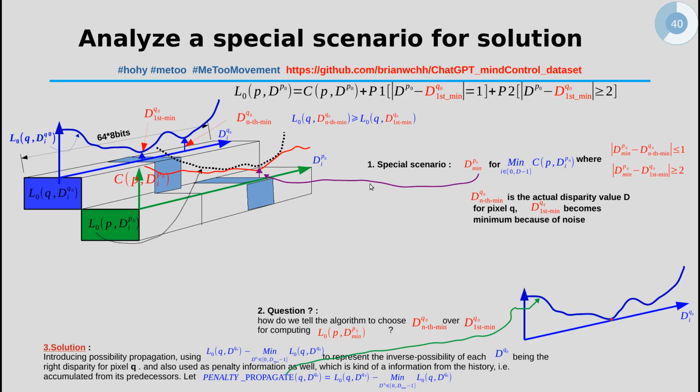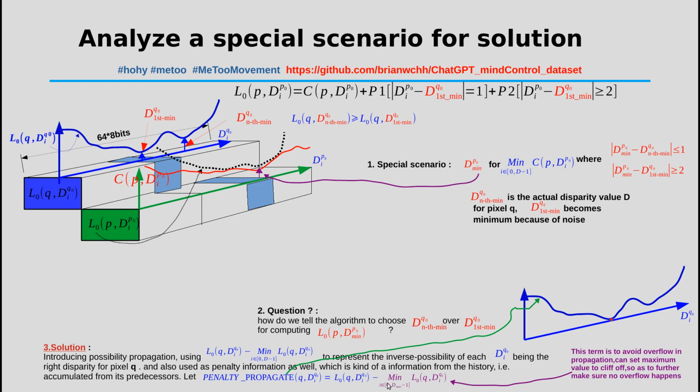Subtracting the minimum is to remove the bias, so there's no bias value here, to save a lot of bits and FPGA resources, because you don't have to store the not useful information.